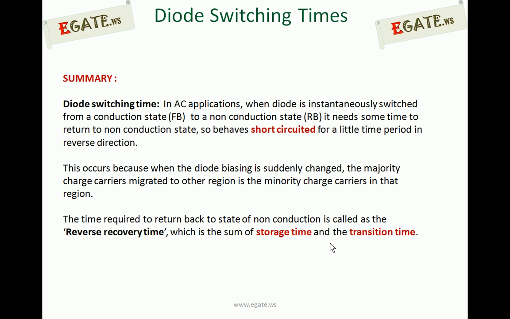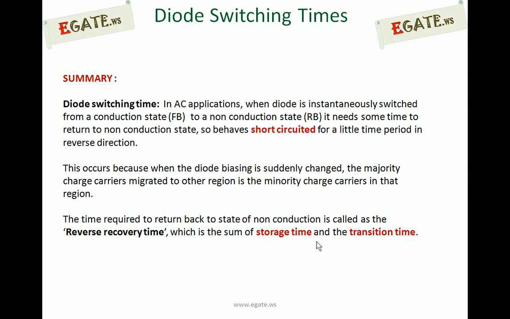We can summarize switching times in this way. Diode switching times: in AC applications, when a diode is instantaneously switched from a conduction state to a non-conduction state, that is forward bias to reverse bias, it needs some time to return to the non-conduction state, so it behaves as a short circuit for a little time period in the reverse direction.